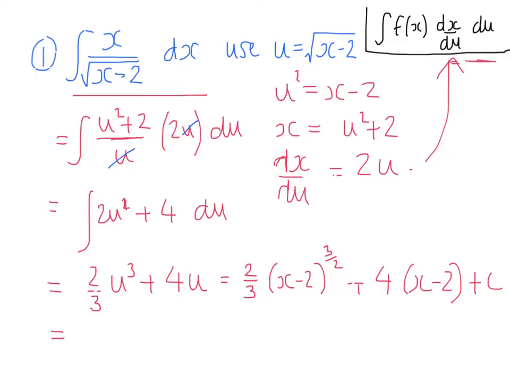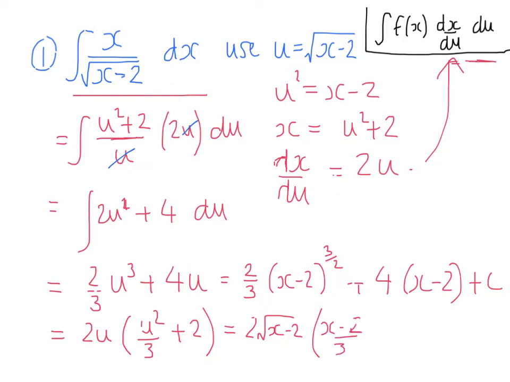If we take out 2 lots of u, we can put the rest as u squared over 3 plus 2. Then replace our u. So we've got 2 lots of the square root of x minus 2, multiplied by u squared, which is x minus 2 over 3, plus 2.